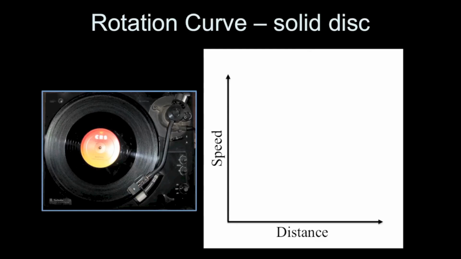So if I wanted to plot a very simple rotation curve, a solid disk rotation curve, I would have speed on the y-axis, distance on the x-axis, and a line that increases with distance. Now, we might be able to talk about whether it's an exponential line or a straight line. In this case, I'm just going to draw a straight line to show that with increasing distance, I have increasing speed.